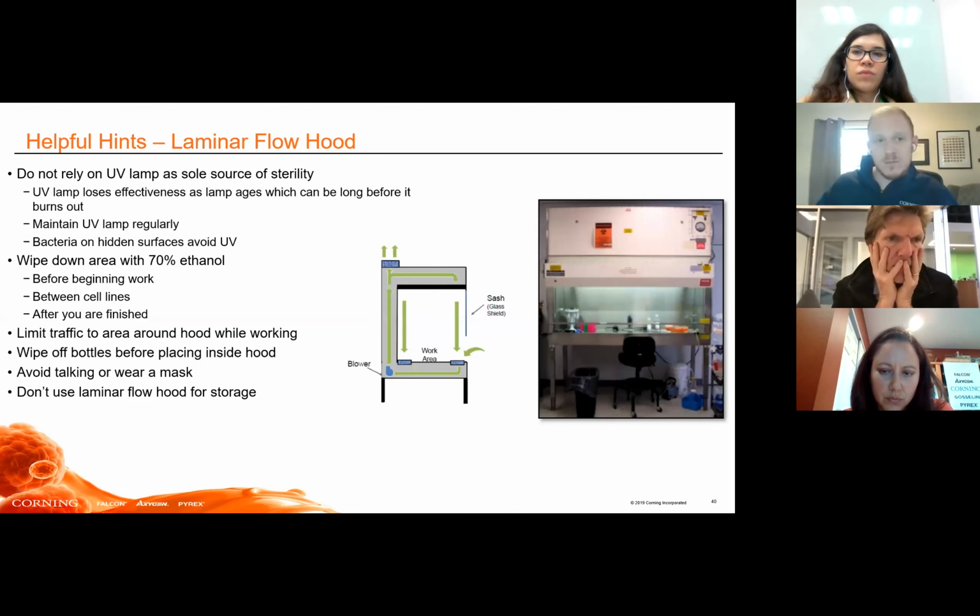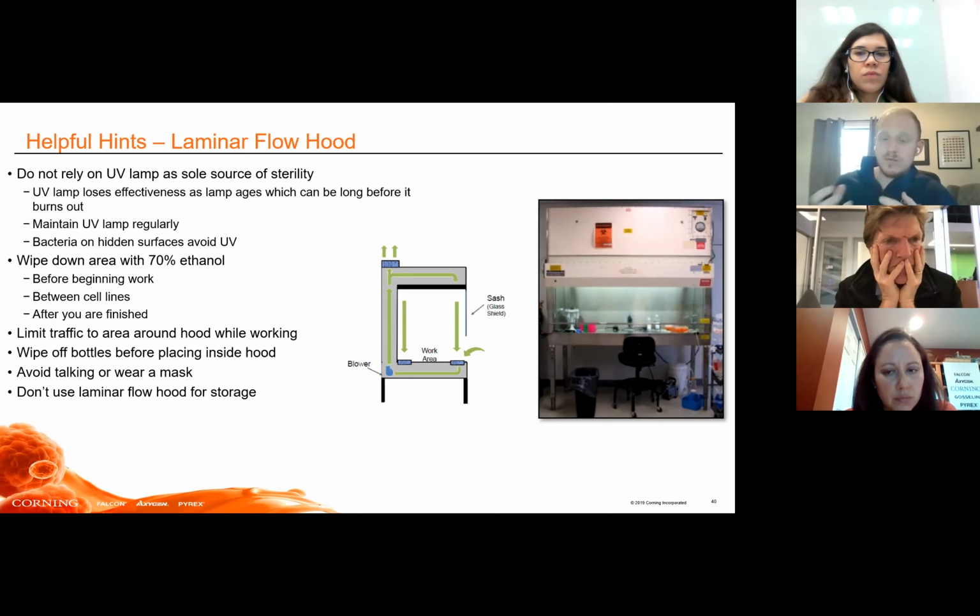So I can talk about some helpful hints though. Let's start first with the laminar flow hood. Do not rely solely on the UV lamp as the source of your sterility. It does lose its efficacy over time. Use IPA, use 70% ethanol, and wipe down your area before and after work and between cell lines.